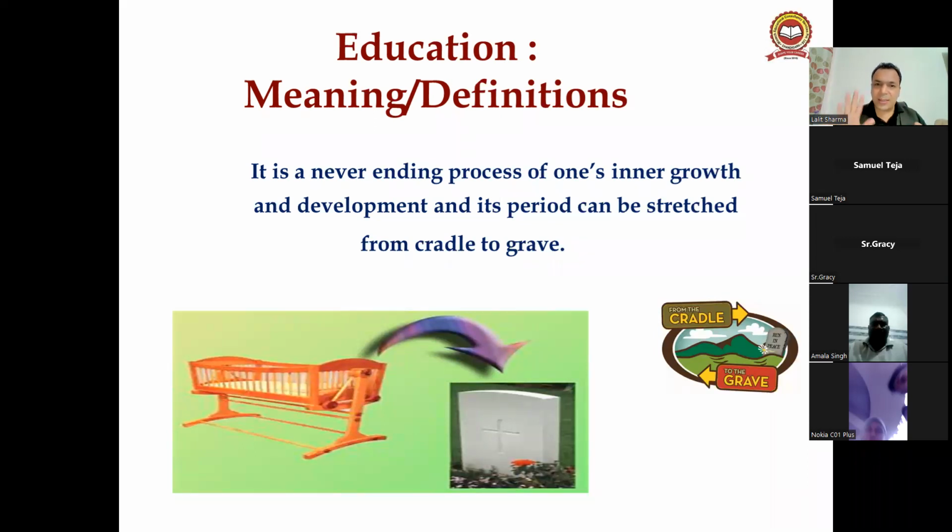We got independence in 1947. Other countries like Japan and Germany got independence around 1940, 1950. But today, within a span of 60, 70, 75 years, they have become developed countries, but we didn't. We are a developing country.